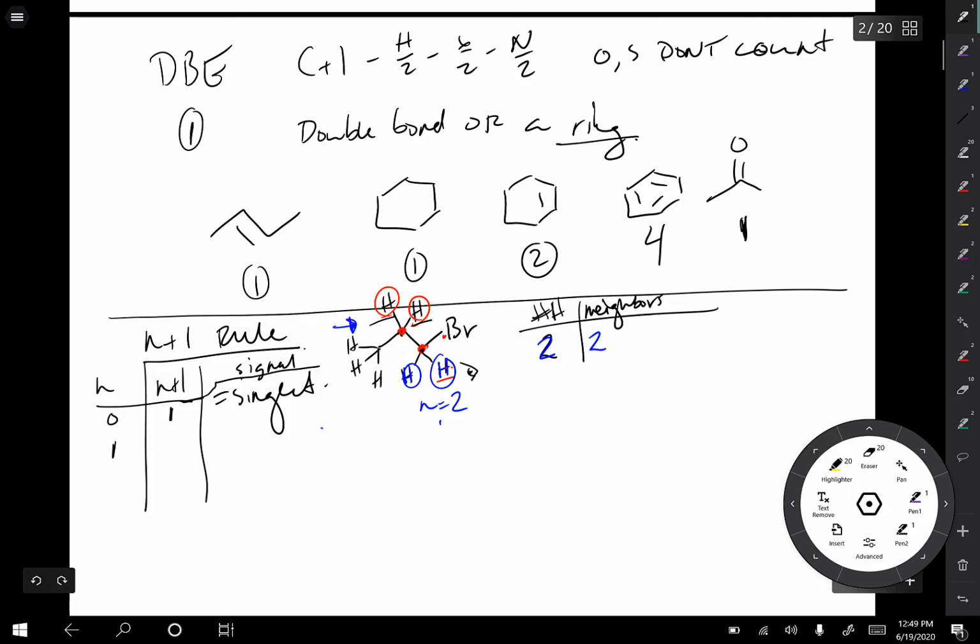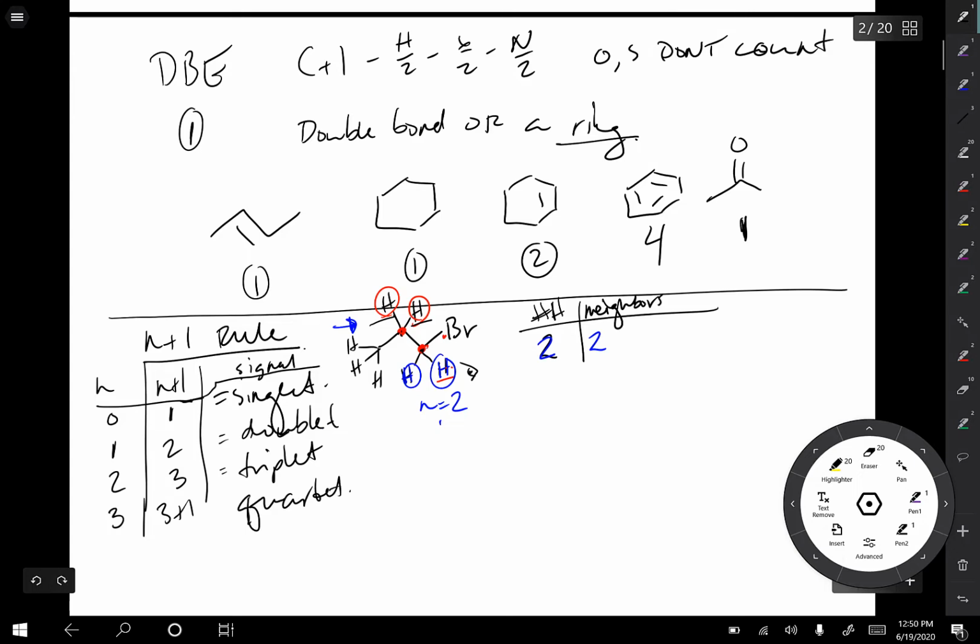That's a singlet. If you have 1 neighbor, N+1 is 2, right? 1 + 1 is 2. This will be a doublet. That makes sense. Double, right? 2. If you have 2 neighbors, that means 3. This will be a triplet. That makes sense. Triple, triplet, right? 3. If you have N is 3, 3 + 1, you're going to have a quartet. You see how this is going?